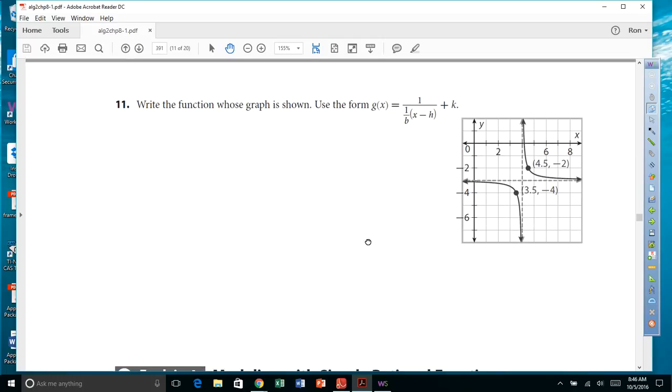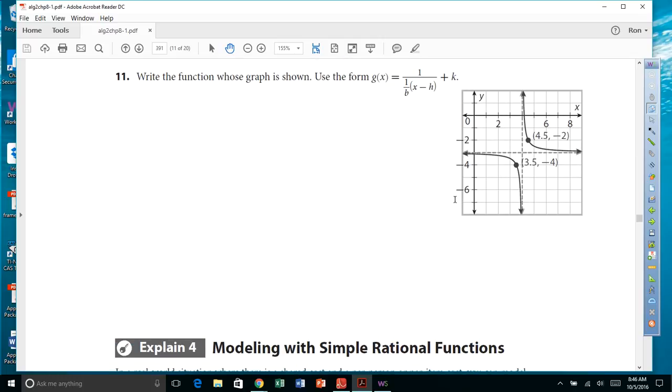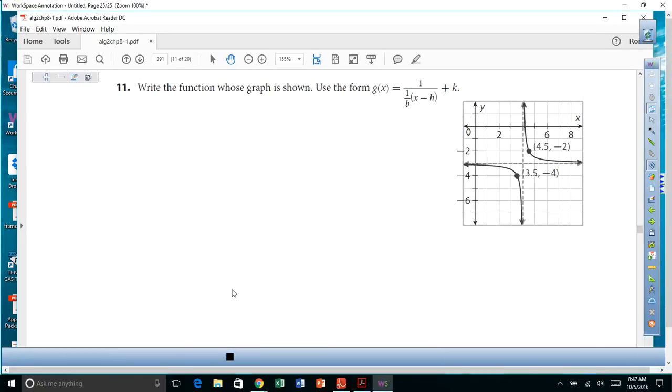Write the function whose graph is shown. Use the form. Okay, we're going to do the exact same thing that we did before. Nice and easy. We have a vertical asymptote here, and we have a horizontal asymptote there.